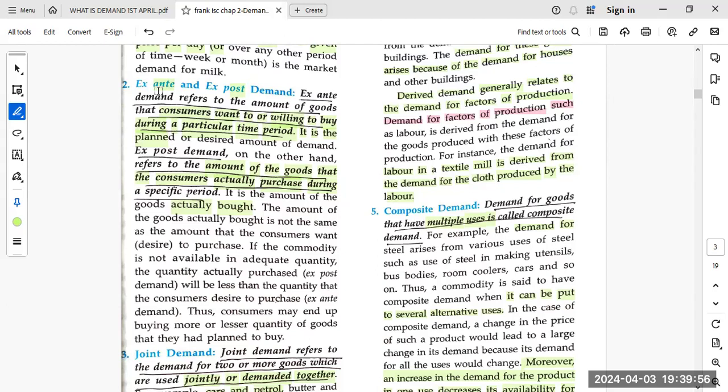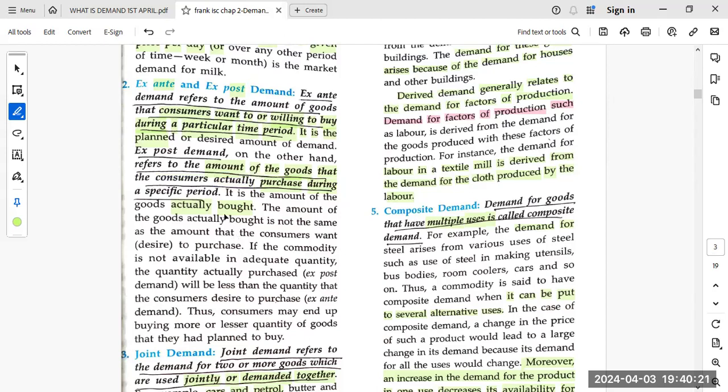Now, after giving this example, once again, I'm reading it out. Ex ante demand refers to the amount of goods that consumers want or are willing to buy during a particular period of time. It is planned or desired amount of demand. Whereas ex post demand, on the other hand, refers to the amount of goods that the consumers actually purchase during a specific period of time.